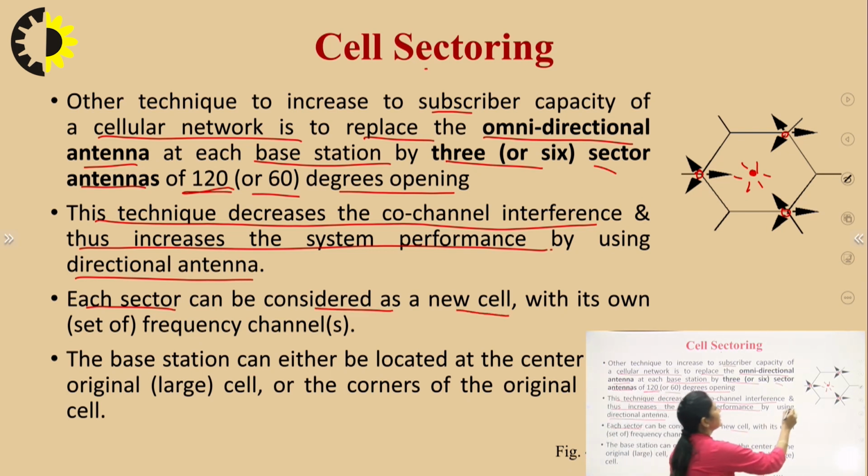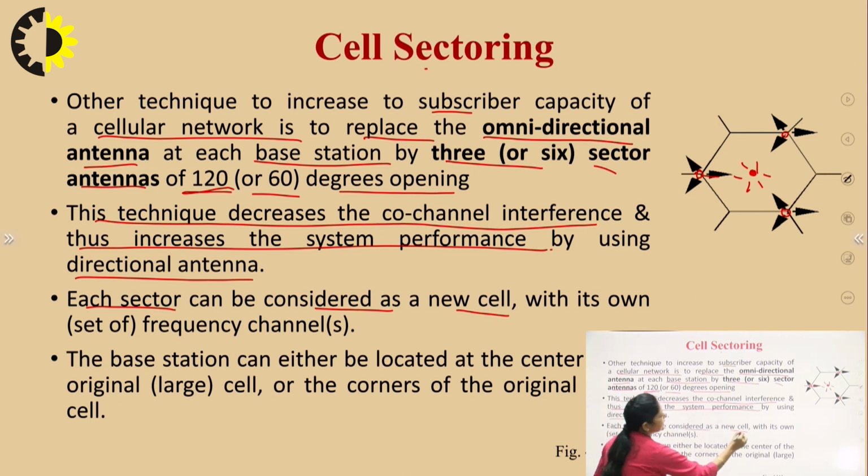In whichever direction a particular antenna is propagating, that will be considered a particular cell, because that antenna will be directed towards a particular area and will be using a particular range of frequencies.